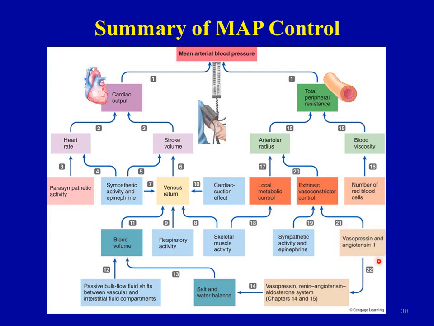Please notice here that the hormone vasopressin and the peptide angiotensin 2 can also affect the blood vessel radius as extrinsic controllers, because during the lecture I said the extrinsic controllers are neural in the form of sympathetic activity and hormonal in the form of vasopressin, epinephrine from the adrenal medulla, and also the peptide angiotensin 2.